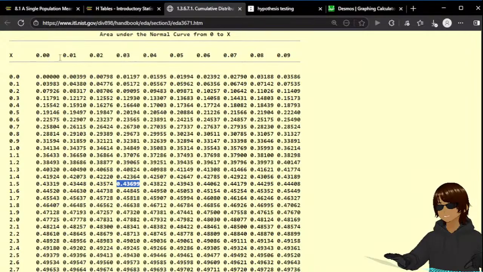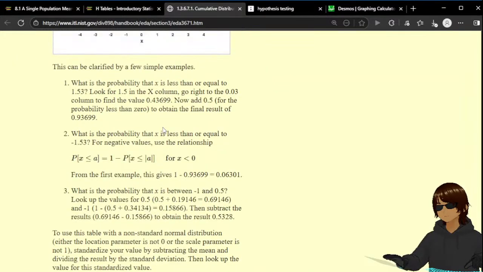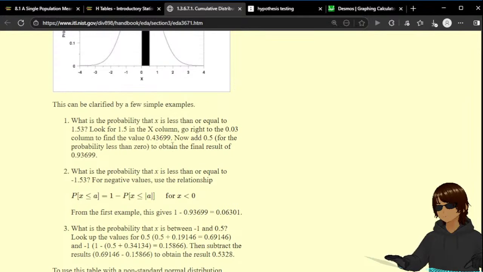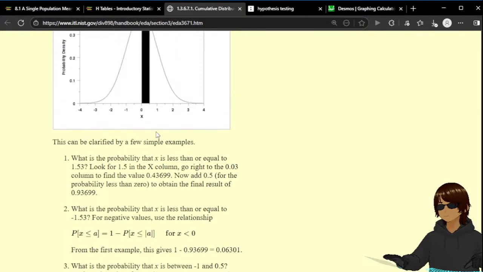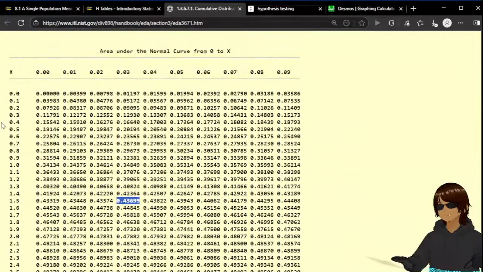But what I don't understand is what is this 0.1, 0.2, 0.3? To obtain the final result. Oh, wait. This here is one decimal point. This here is a second decimal point. Okay. So this over here is 0.53.